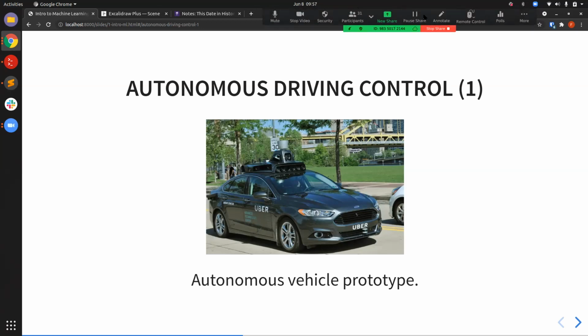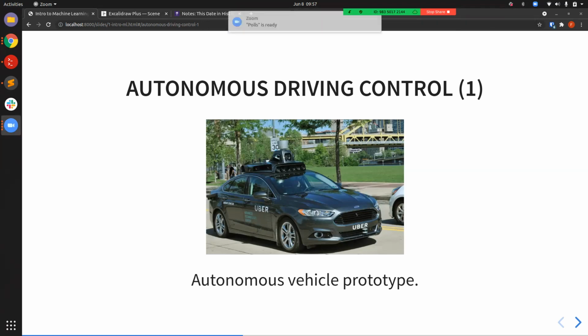Let's do a poll. Is autonomous driving a good candidate for machine learning approach?